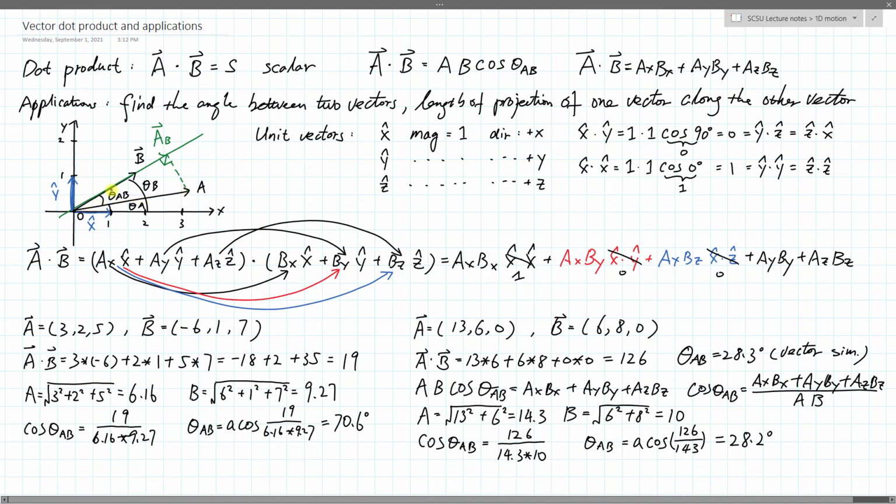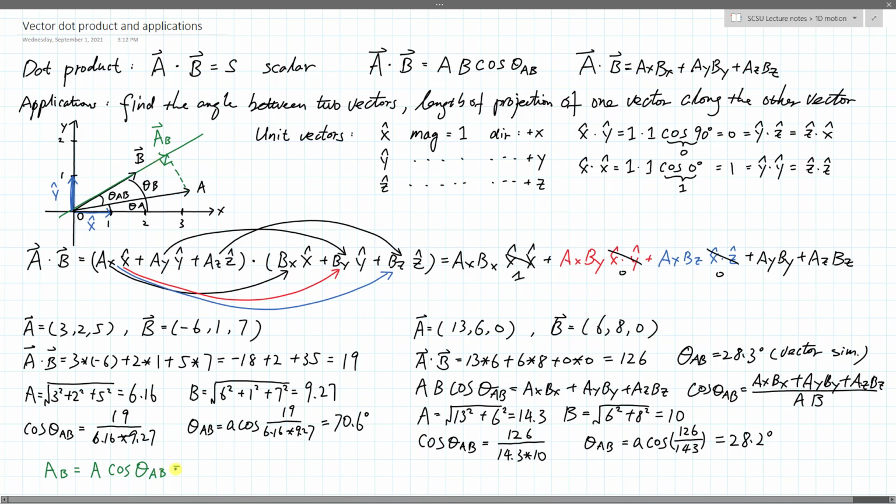So that should be A times cosine of this. Where do we see that? Oh, A cosine of that. Oh, it's in the definition right there. So I'll write it out. If I want the magnitude, how long that is, it's supposed to be A times cosine of the angle between A and B. So you project it along the B direction.